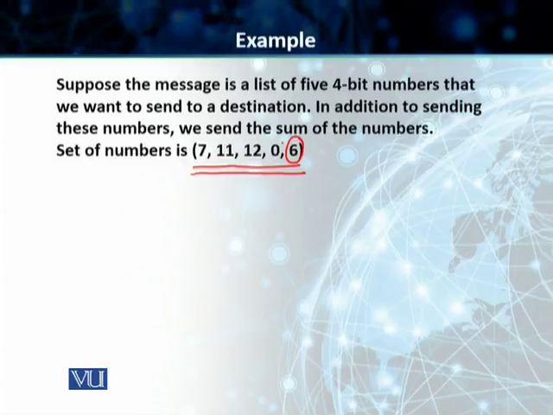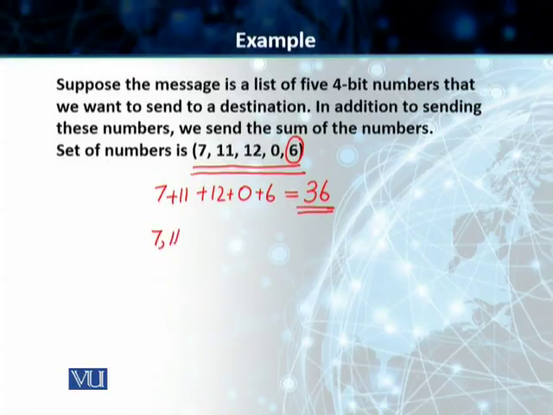Originally, for the set of 5 numbers that we need to send, the checksum comes out to be 7 plus 11 plus 12 plus 0 plus 6, which is equal to 36. So what we'll need to send is 7, 11, 12, 0, 6, and 36.